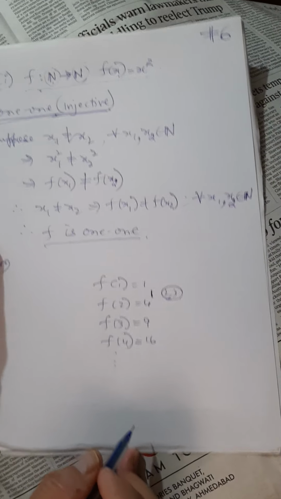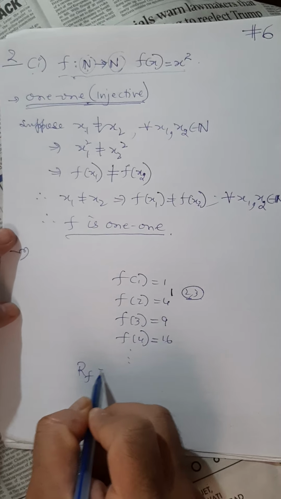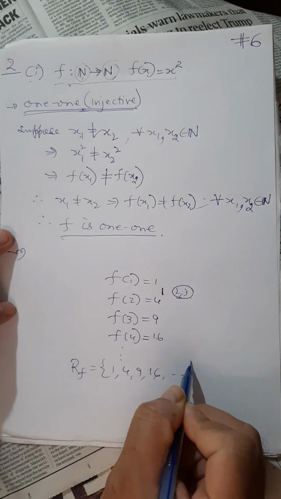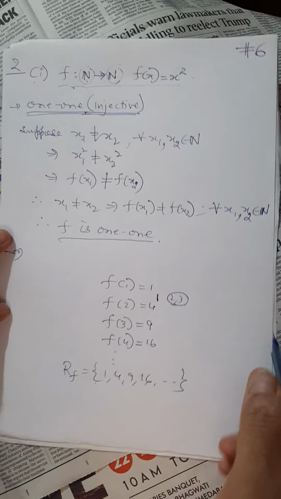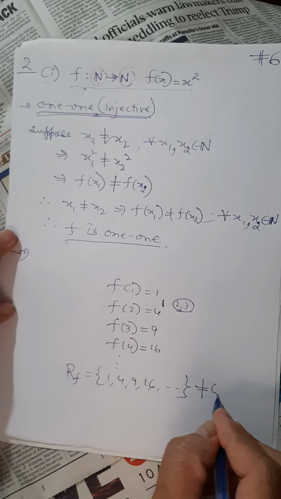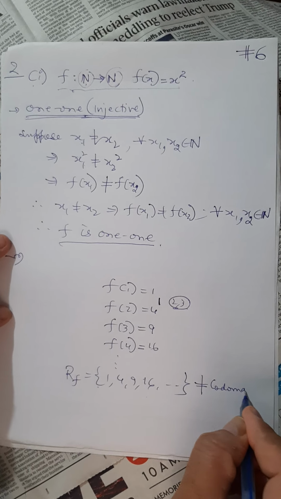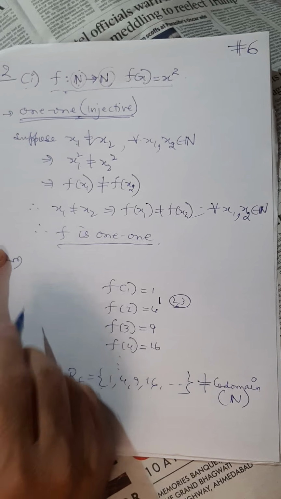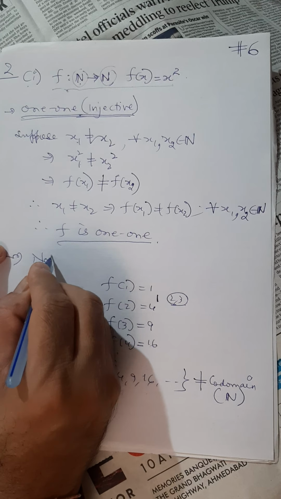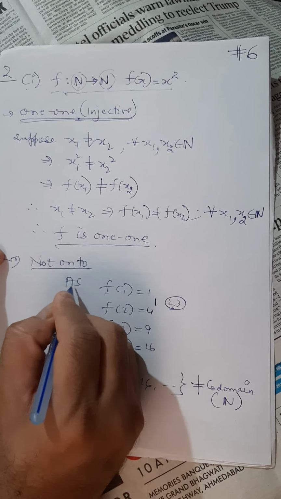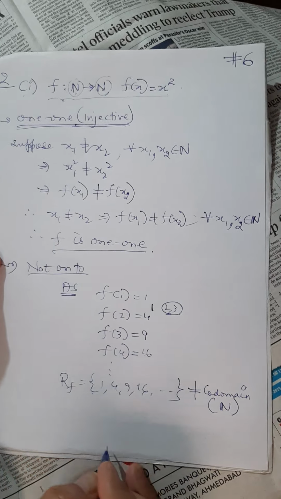So what you have noticed here, range of f equals perfect squares, numbers 1, 4, 9, 16 and so on. Is it the same as codomain, that is N? No, this is not equal to codomain. What is the codomain? Which is N, natural numbers. So therefore this is not onto function, not onto.